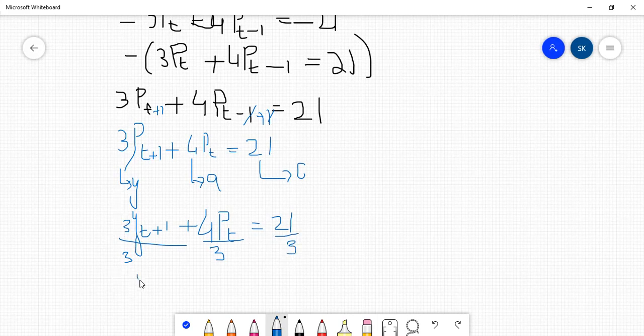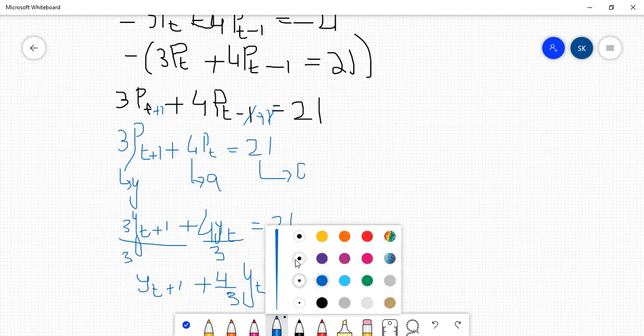So therefore, we now get Yt plus 1 plus 4 by 3, one thing left over here is that this should be Y, not P, plus 4 over 3 Yt, and 21 divided by 3 is equal to 7, of course.